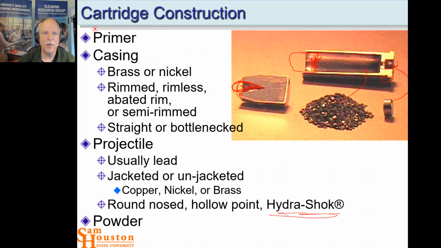The gunpowder is not just black powder, sulfur, and potassium nitrate. It's actually a more complicated formulation now. If you were to look at these powder grains under a microscope, you would see that they're extruded. Looks like an extrusion, tiny little cylinders of propellant.